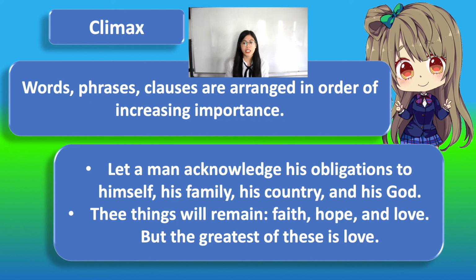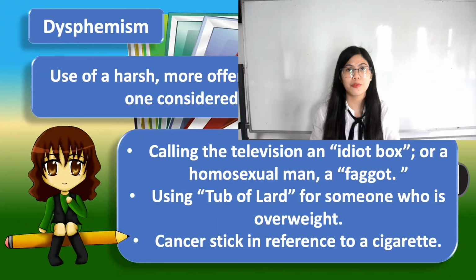As you can see here, God comes last because among those previously stated, God is more important. Same thing with our next example: three things will remain: faith, hope, and love. But the greatest of these is love. So those are climax.